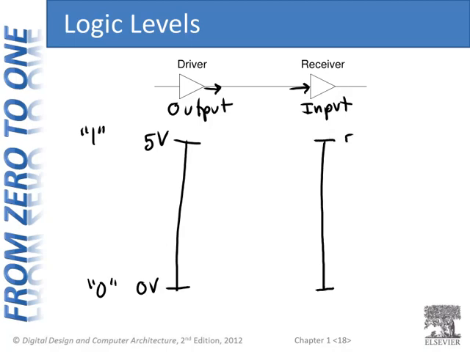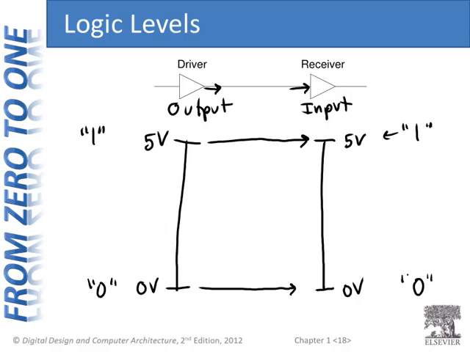That receiver sees 5 volts as its 1, and 0 volts as its 0. And this is an ideal system. Everything works. The driver outputs 5 volts. It goes to the input. It sees it as a 1, or it sends 0 volts, and the receiver receives that 0 volts as a 0.